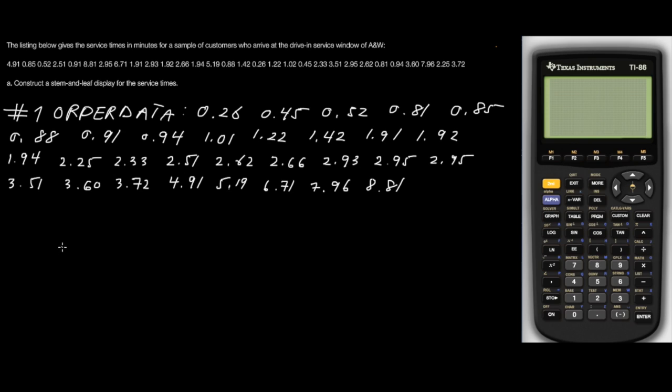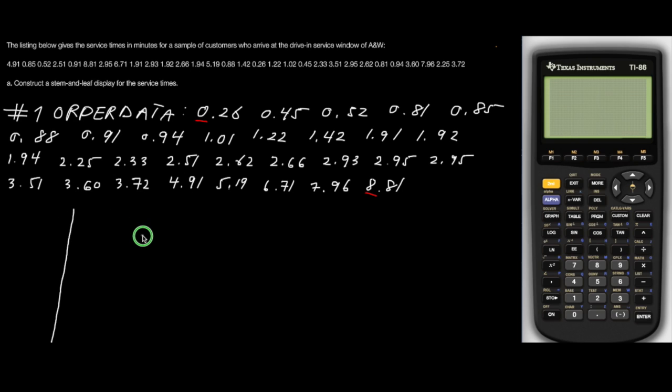So now that we have this taken care of, we can go ahead and build our stem and leaf display. I'm going to go ahead and draw my stem. Now the way the stem and leaf display works, on the left-hand side, here we see that the data goes from 0, and the greatest number is 8.